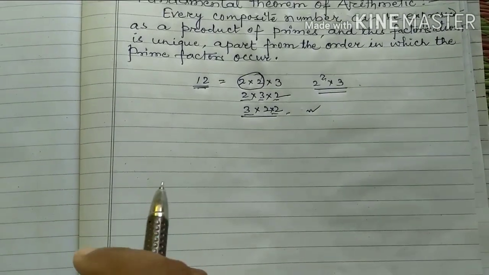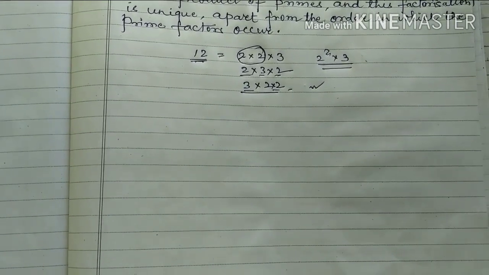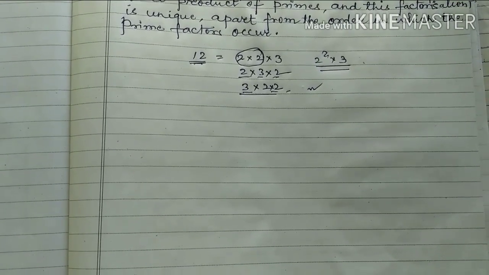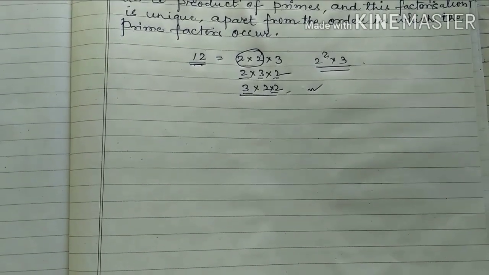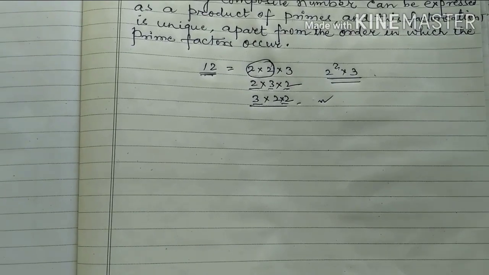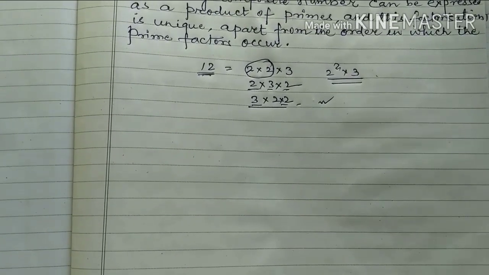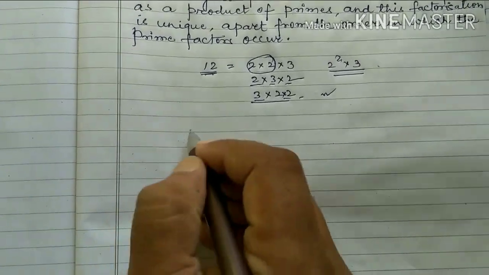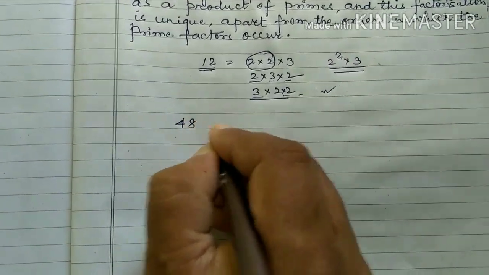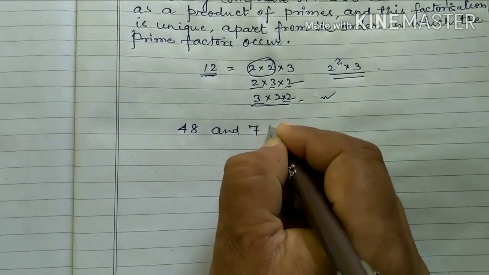Let's take two numbers, find their prime factorization and also find their HCF and LCM, and at last we will reach an interesting result. Let's see at first. Suppose the two numbers are 48 and 76.